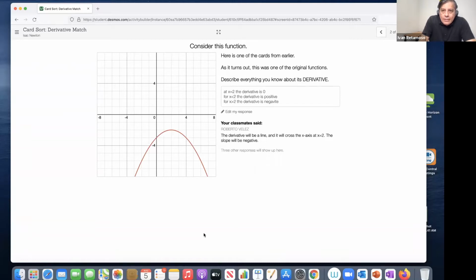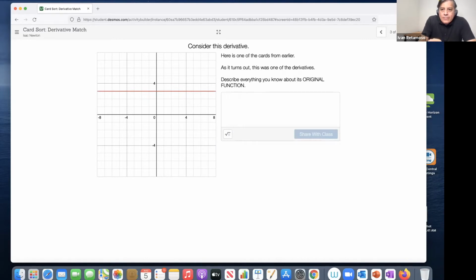So now let's try to do more. This is easier, I think. It says challenge 3. Consider the derivative now, not the function, the derivative, right? We're gonna go backwards. This is the derivative of some function.